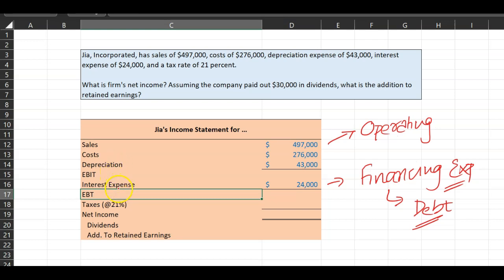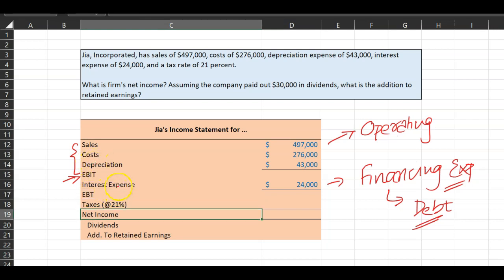But if one manager chose to fund all those operations using his or her hard-earned money, whereas another one chose a lot of debt or took a bank loan, then one business will have a high interest expense and the other won't, even though their earnings before interest and taxes, or EBIT, will be very similar because that will be driven from operations. And so that is why we typically keep financing expenses like interest expense separate from operating expenses.